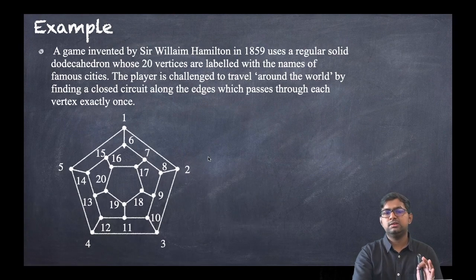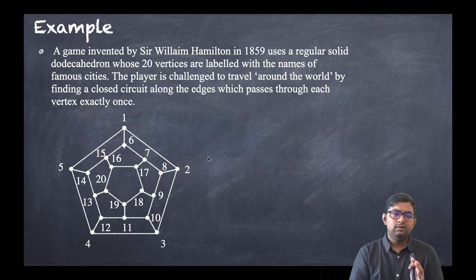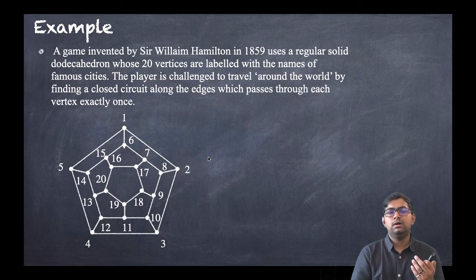So this is the regular solid dodecahedron. Here we have a total of 20 vertices, that means 20 cities. Now a traveler must be able to travel all the cities exactly once and come back to the first city. Fine. So what will be the Hamiltonian circuit? Just think about it. It is very tricky.